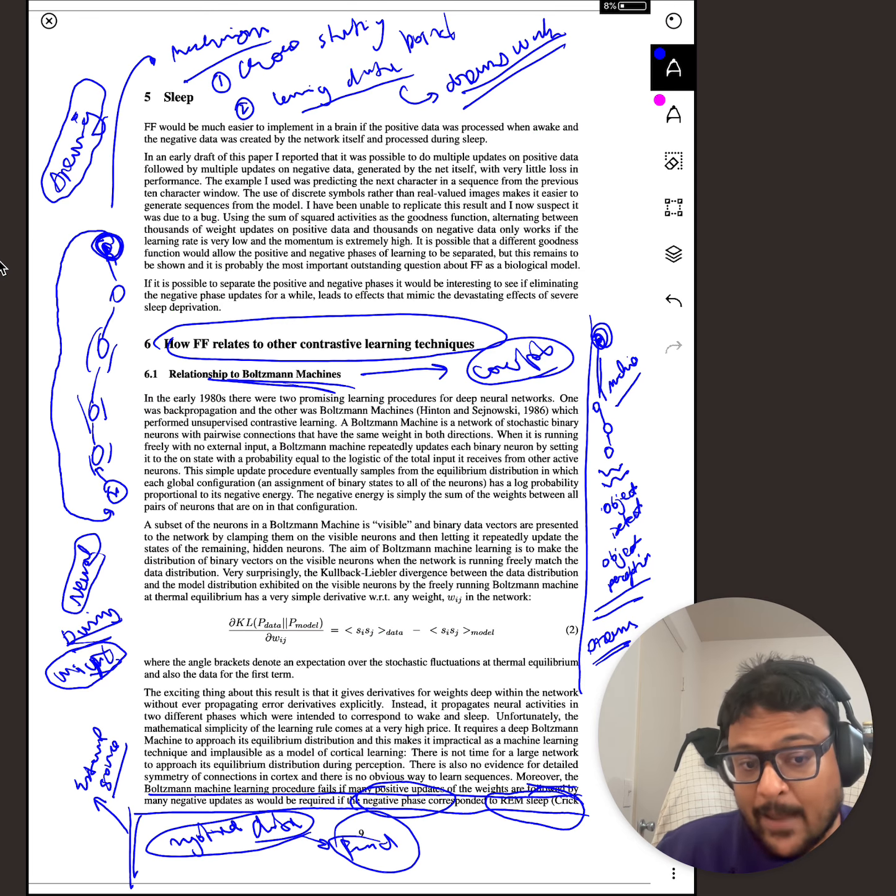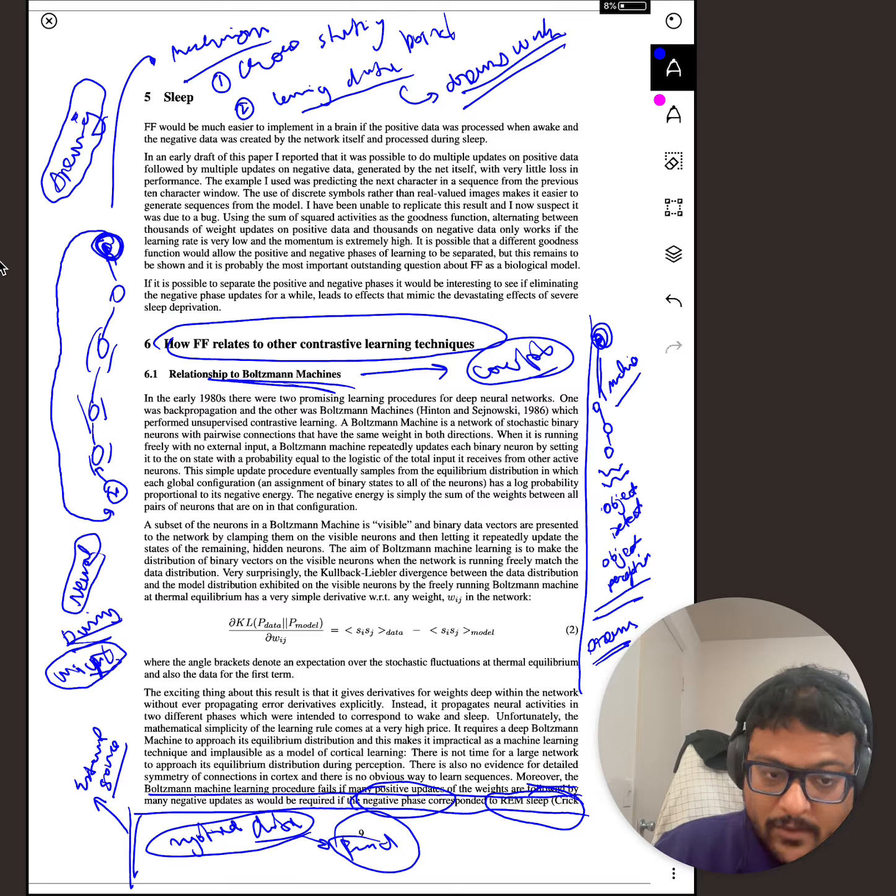Now, how we are sampling it, what is the nature of what we are sampling, and what is the mechanism of doing that learning is not clear, not even to biologists and not even to Hinton. And he has just tried to red tape it by using this sort of negative weight update mechanism.